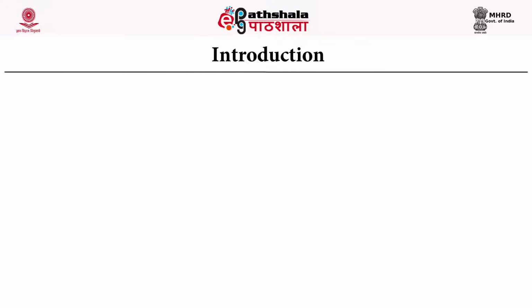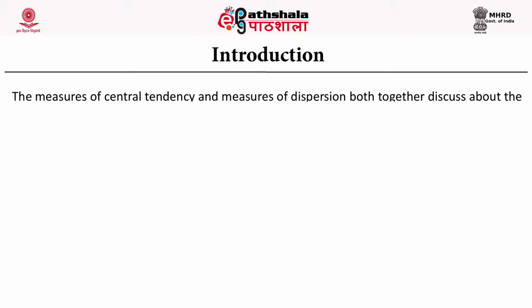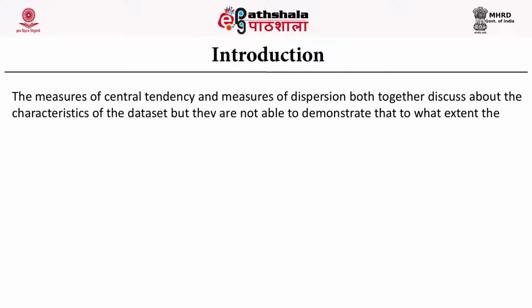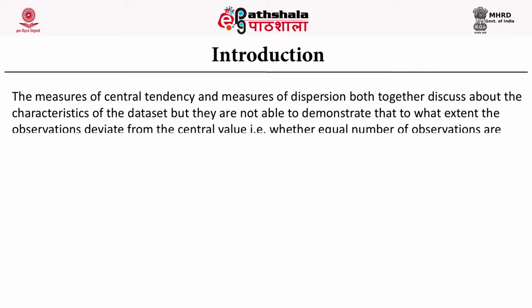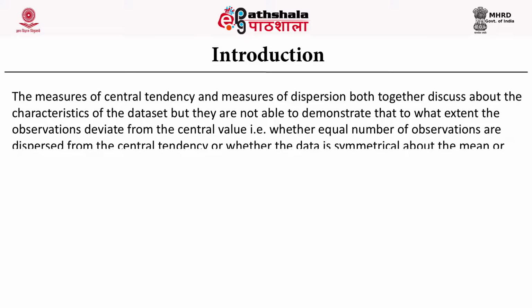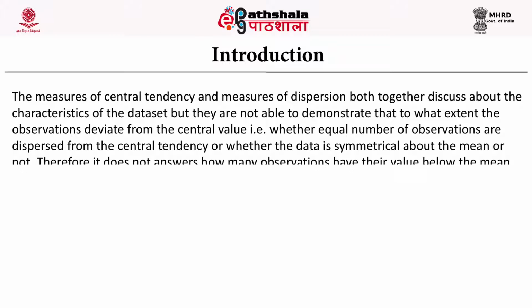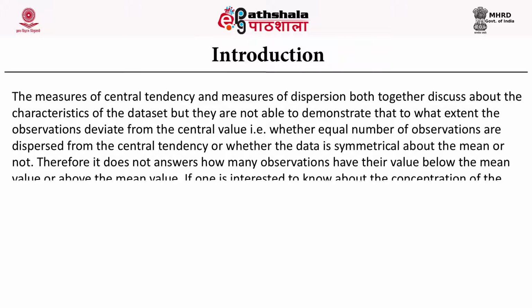So the measure of central tendency and measure of dispersion both together discuss the characteristics of the data set, but they are not able to demonstrate to what extent the observations deviate from the center value, that is whether equal numbers of observations are dispersed from the central tendency or whether the data is symmetrical about the mean or not.